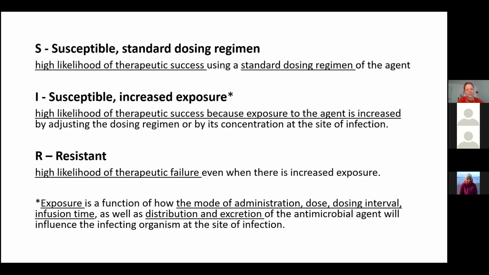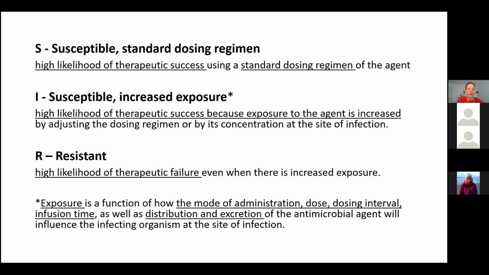The asterisks, which you see explained here in the bottom of the slide, give you a little bit more details about this exposure: adjusting the dosing regimen can affect the mode of administration, per oral versus intravenous, the dose of the individual single dose, the dosing interval, which can be changed, and then infusion time, extended infusion, or even continuous infusion.